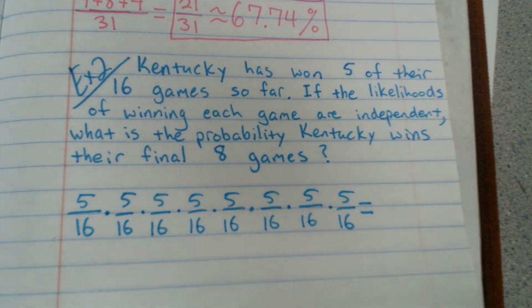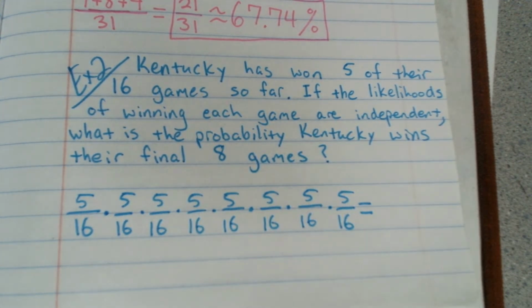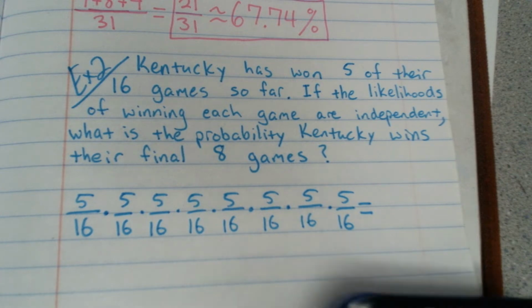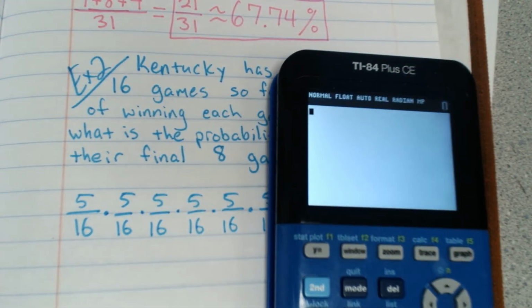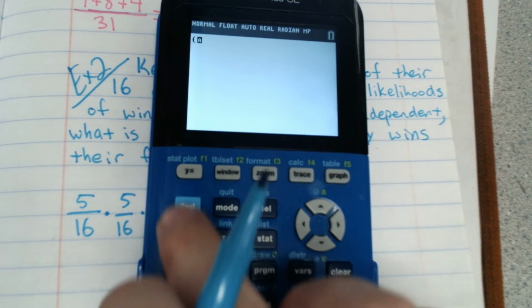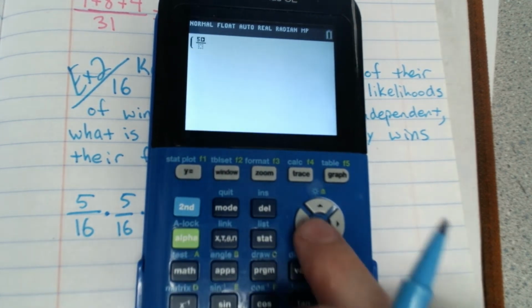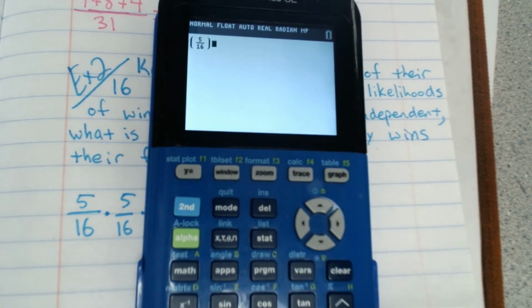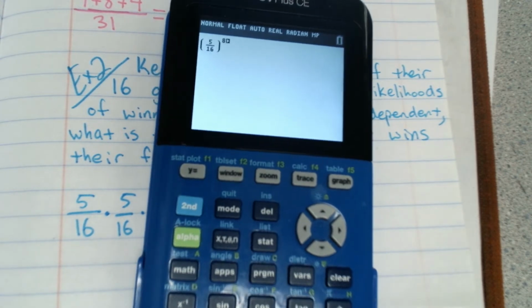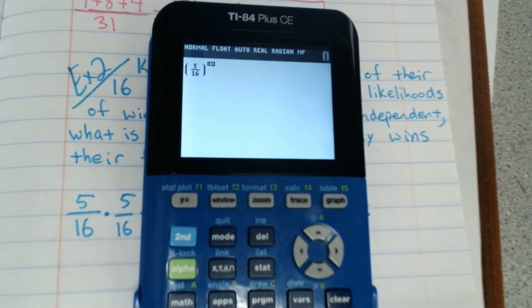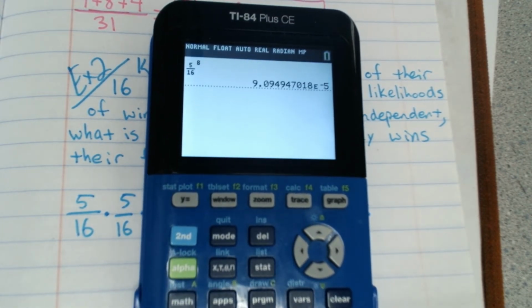So if we multiply all of these probabilities, we would theoretically get what it's supposed to be. Or better yet, we could say we're multiplying 5 out of 16 times itself 8 times. That's when exponents come in. 5/16 to the 8th power. It's not looking very good for Kentucky here.